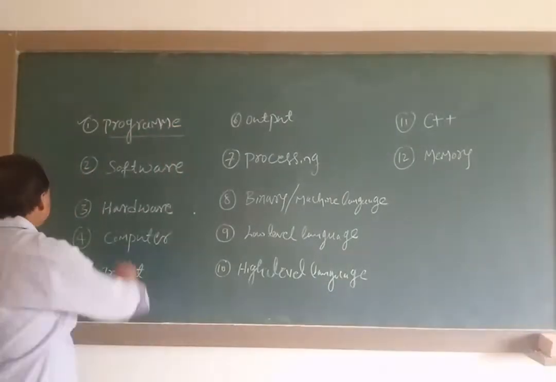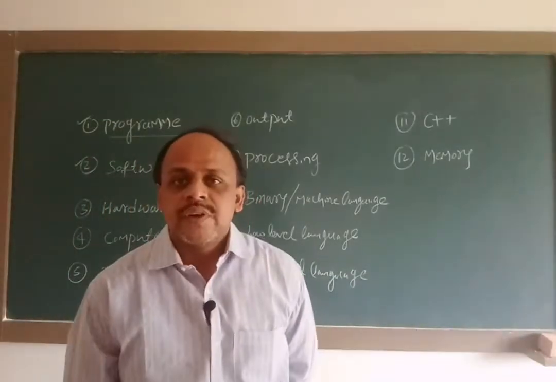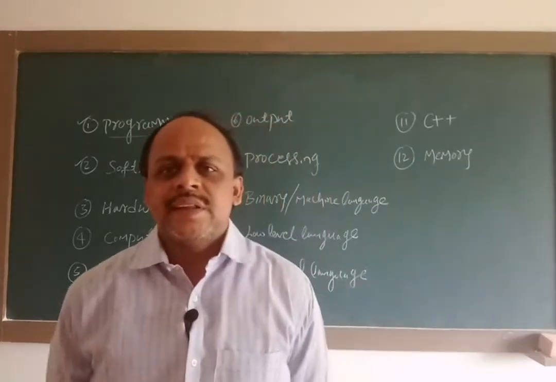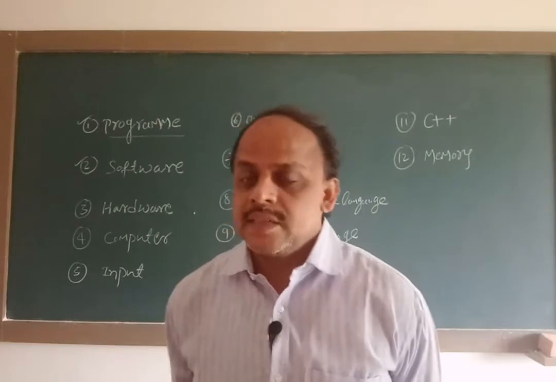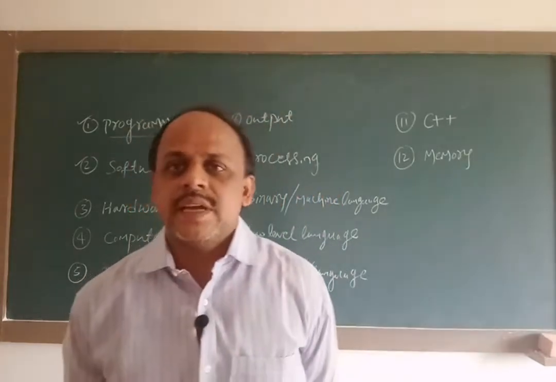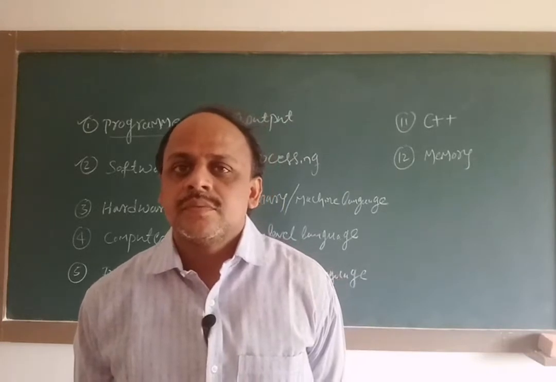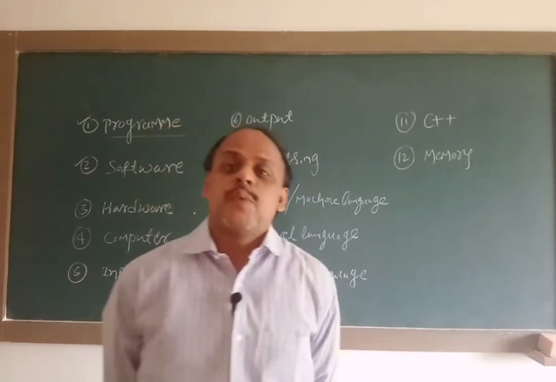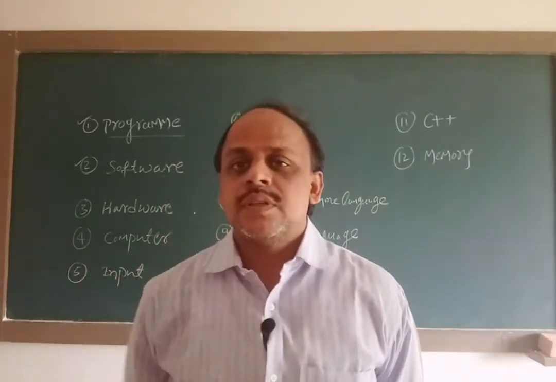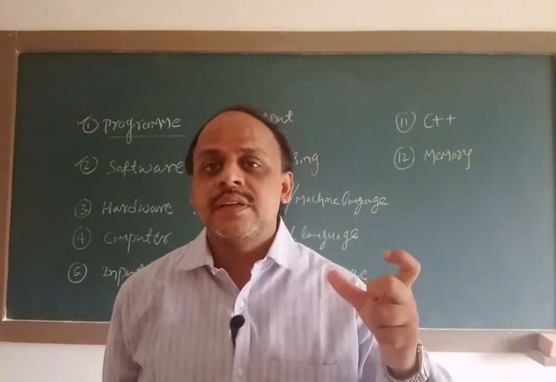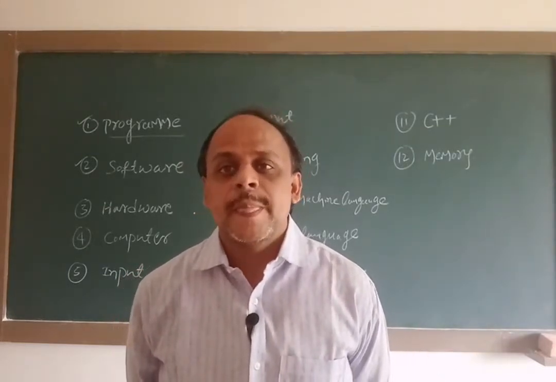The next term is software. What is software? Software and hardware are the most commonly heard terms related to computer science, right? So what is software? A set of programs, or a collection of programs, is called software.